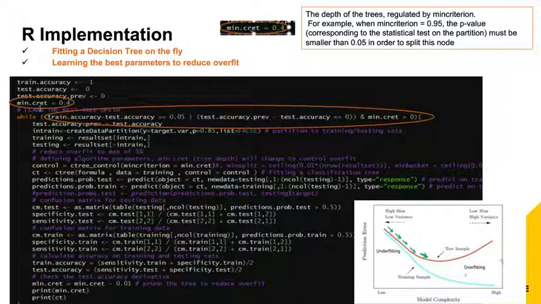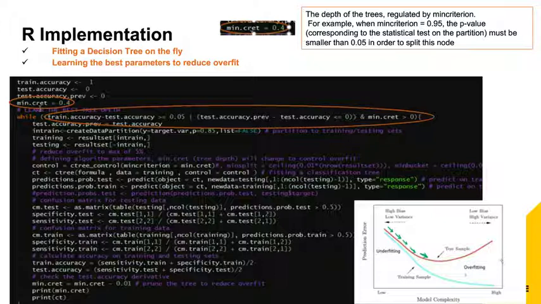And basically, I'm calculating common KPIs like specificity, sensitivity, and most importantly, the train accuracy and test accuracy. So basically, this is what's happening under the hood, and we'll shortly move on to the demo and see how this is running on the fly.